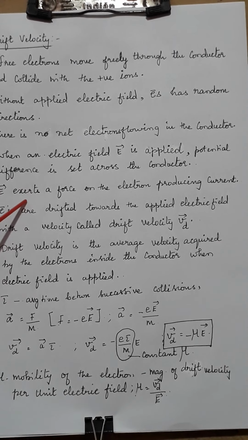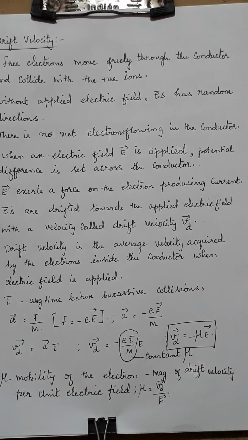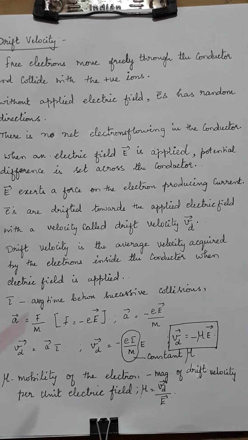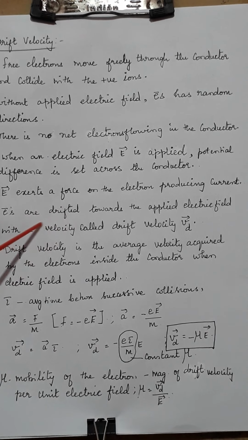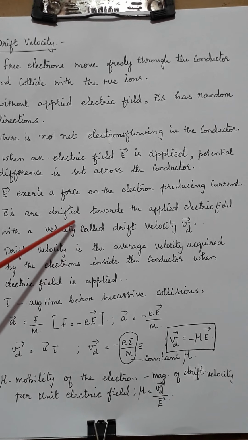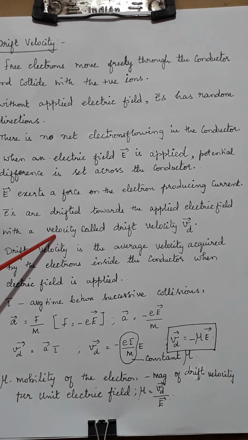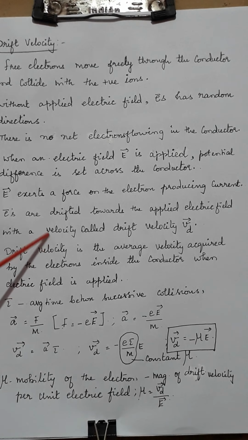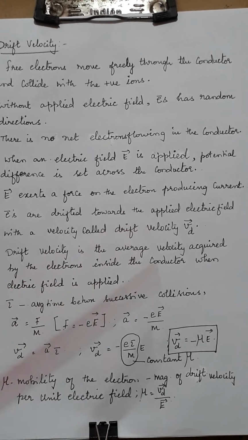When the electron moves, it will produce current. Now these electrons are getting drifted, moving with a velocity. The velocity by which the electron moves is what is called drift velocity.